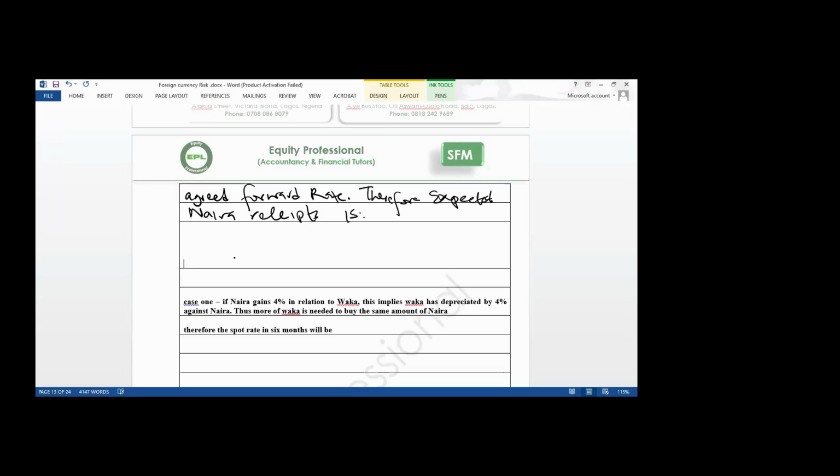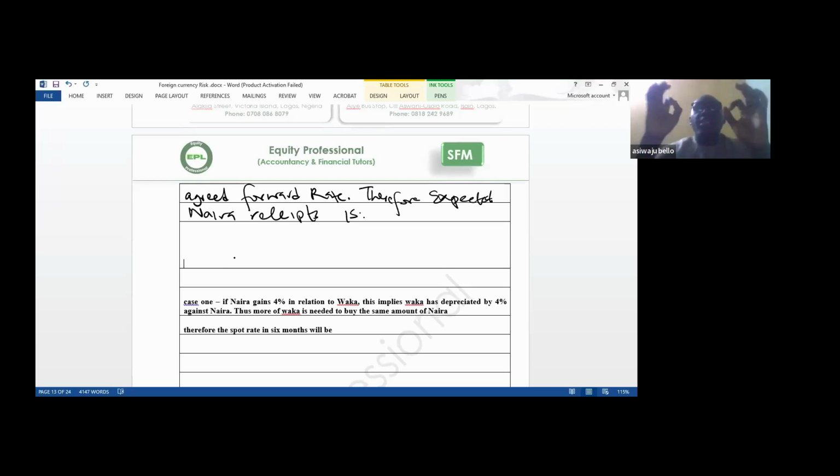Please note. If you are dealing with indirect quotes, and you want to convert foreign currency to your own domestic currency, you are going to divide.